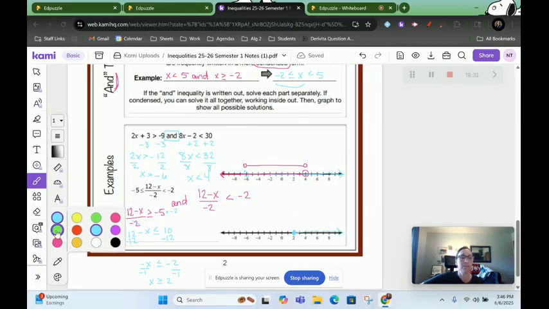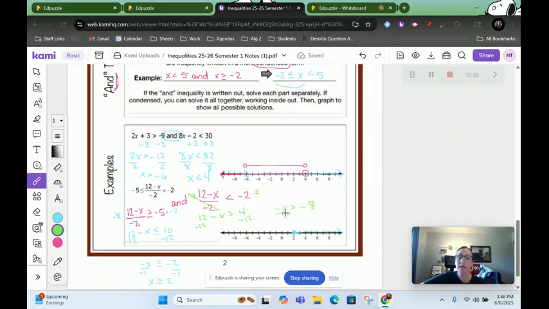Okay. So I'm going to change my color when I solve this one. So same thing over here, multiplying by a -2 means I've got to flip my sign. So 12 minus x is greater than +4. And then I'm going to subtract my 12. And that gives me -x is greater than -8.